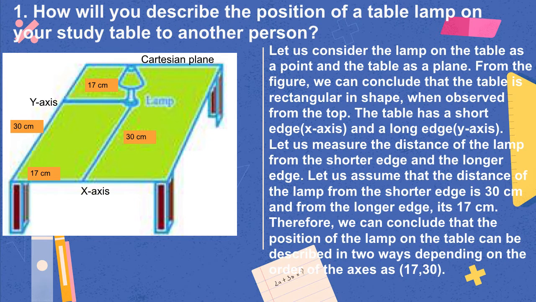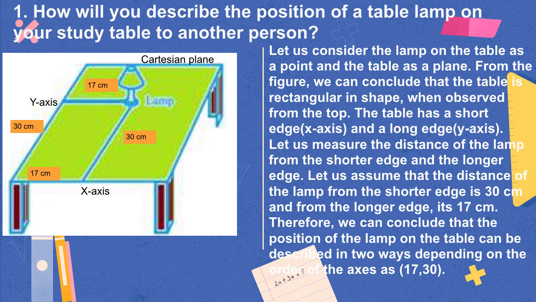Now how will you write this point? We have two coordinates. The x-axis coordinate is 17 centimeters and the y-axis coordinate is 30 centimeters. So the position of the lamp will be (17, 30).